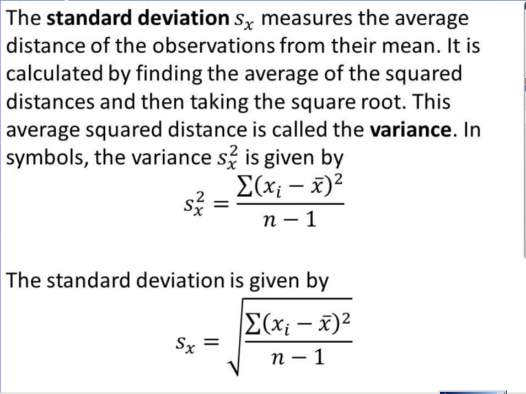To find s sub x squared, this is equal to the sum of your observations minus x bar, remember x bar is your mean, squared, divided by n minus 1. So the standard deviation formula is the square root of the sum of your observation minus your mean, squared, all over n minus 1.